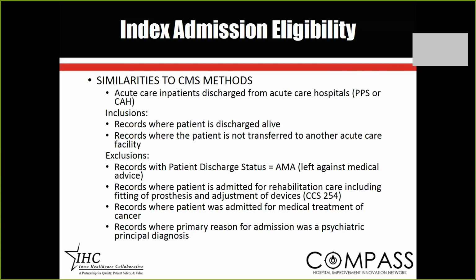The principal diagnosis on every claim receives a CCS designation, and if it is 254, that account is not considered an index and not included. Where the patient was admitted for treatment of cancer and the principal diagnosis indicates that, again, they are not included. And finally, any record where the primary reason for admission is a psych diagnosis, they are not included.